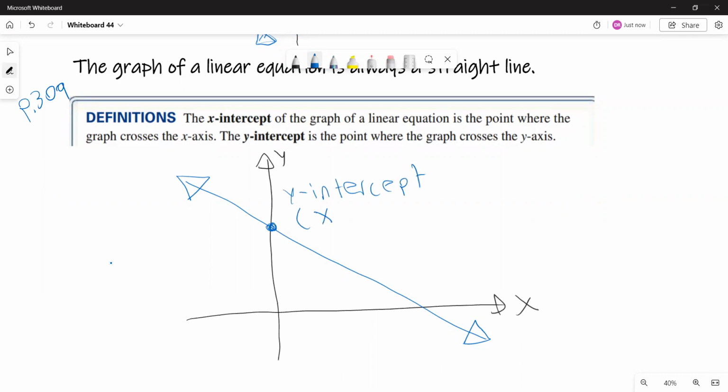That occurs when x equals 0. The point where the line crosses the x-axis is called the x-intercept. That occurs when y is 0.